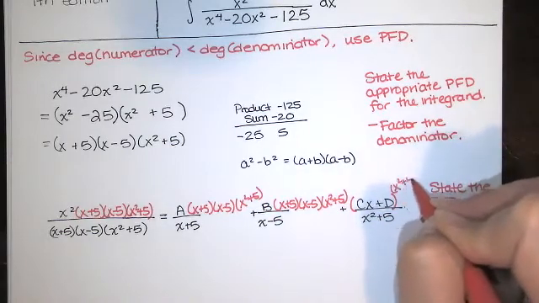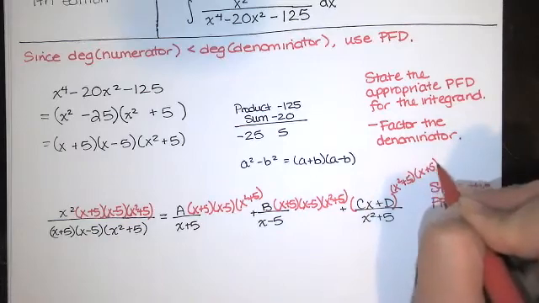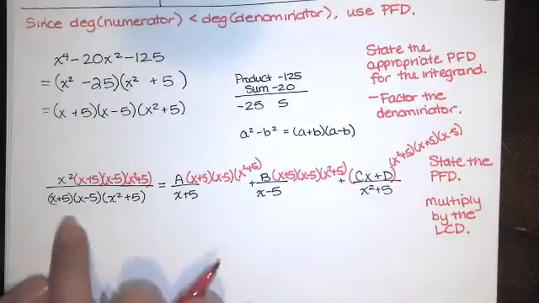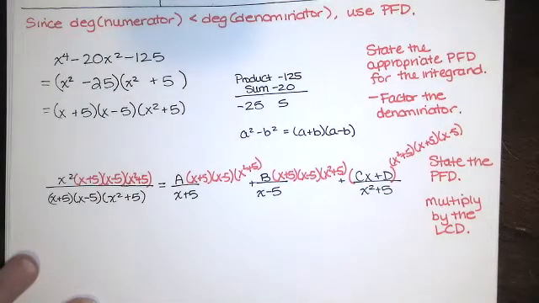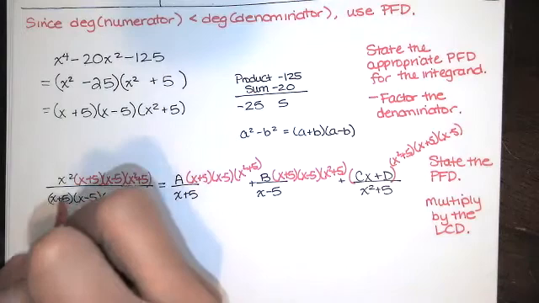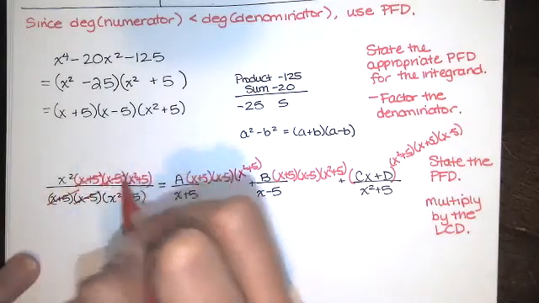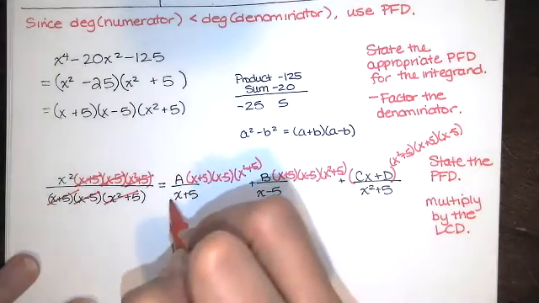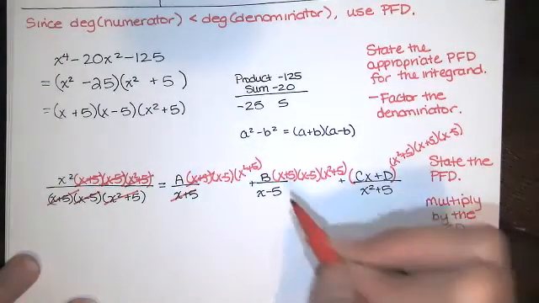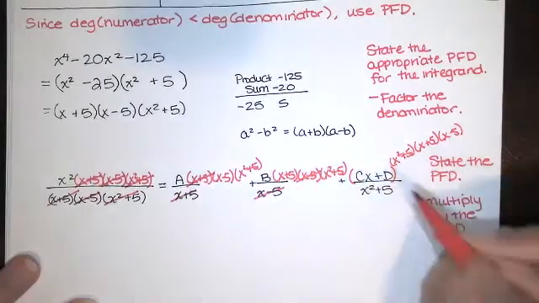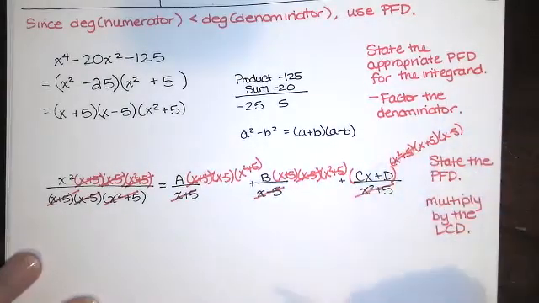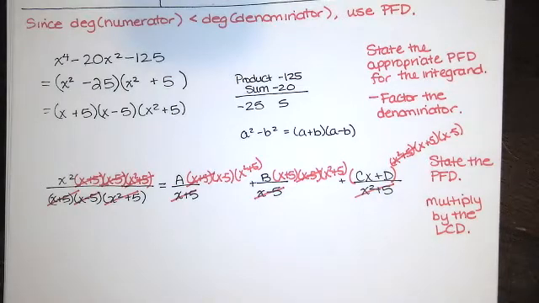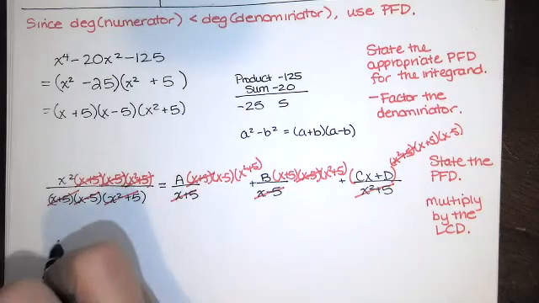That's okay. We'll do x squared plus 5 times x plus 5 times x minus 5. And then because we've multiplied by the LCD, all of those denominators should reduce. So the x plus 5s reduce, the x minus 5s reduce, and the x squared plus 5 reduces. The x plus 5 reduces there, the x minus 5 reduces there, the x squared plus 5 reduces there. And now all the denominators have canceled or reduced, they're gone. And we're left with this equation.